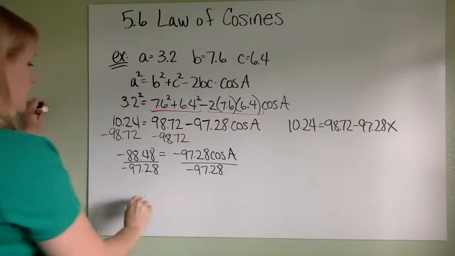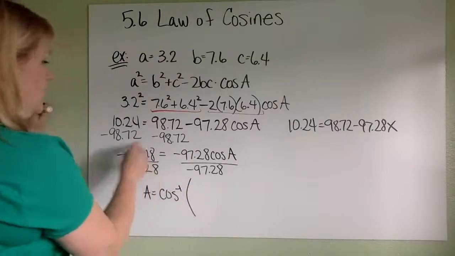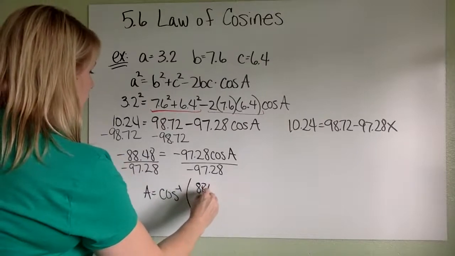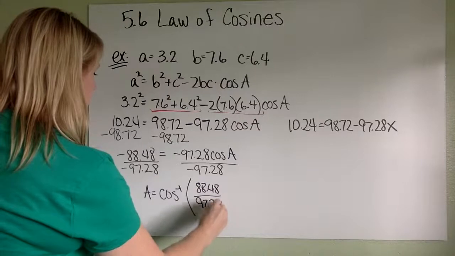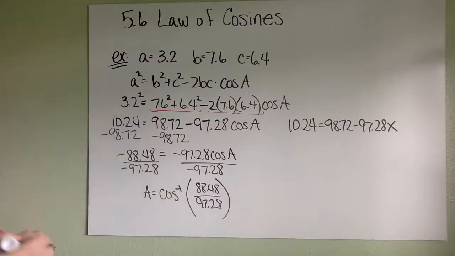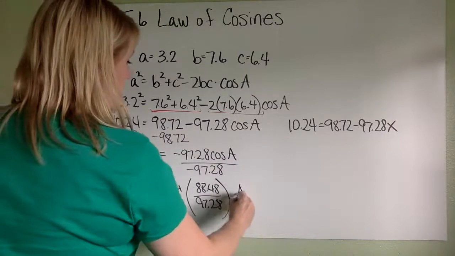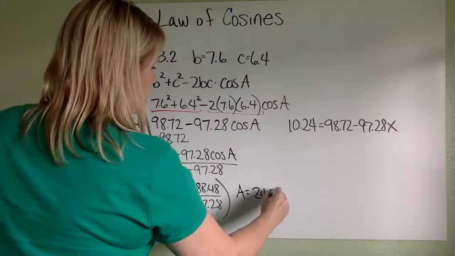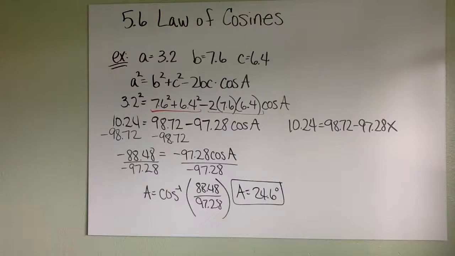And so what I'm doing then to find angle A is I'll use the inverse cosine of this ratio right here. So 88.48 over 97.28. And then the negatives cancel, which is why I don't have them down here in the fraction. And so then when you do the inverse cosine on your calculator, you get angle A is 24.6 degrees. Go ahead and just round to the nearest tenth on each of these.